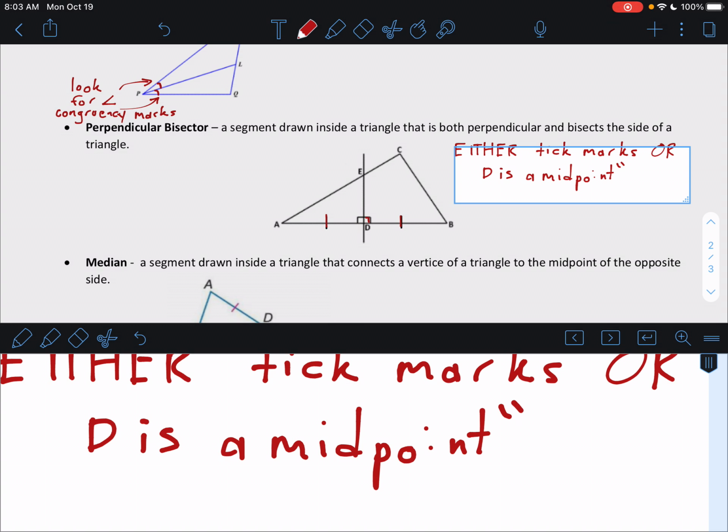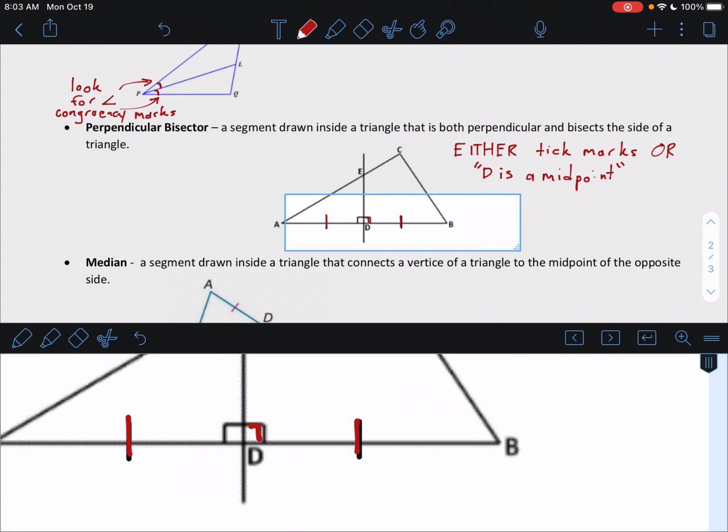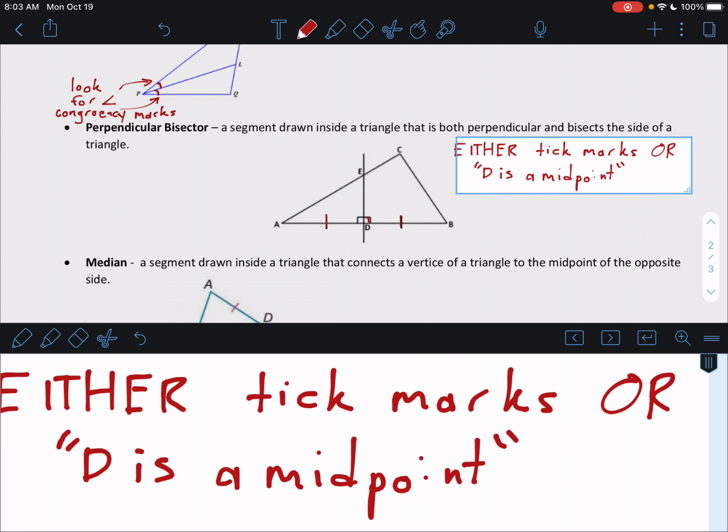So if you see a problem that says this point is a midpoint, then you know that it is bisecting it. The tick marks or the D is a midpoint tells me it's a bisector.